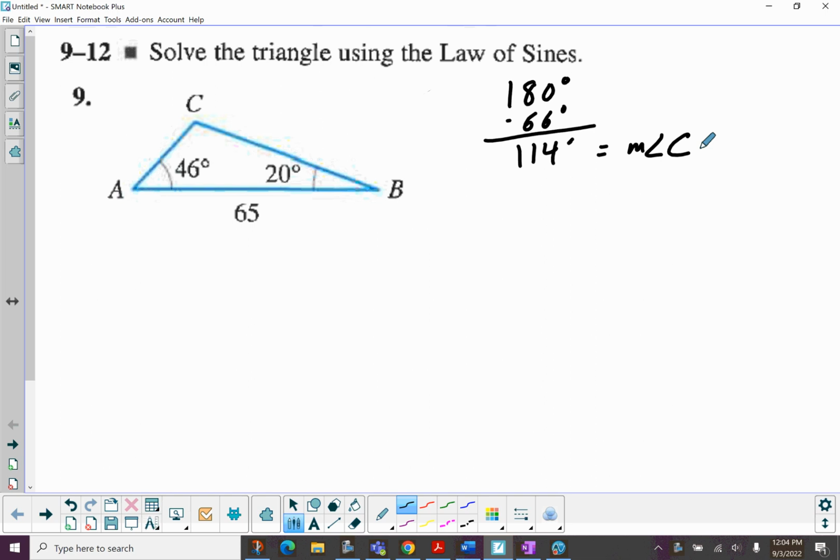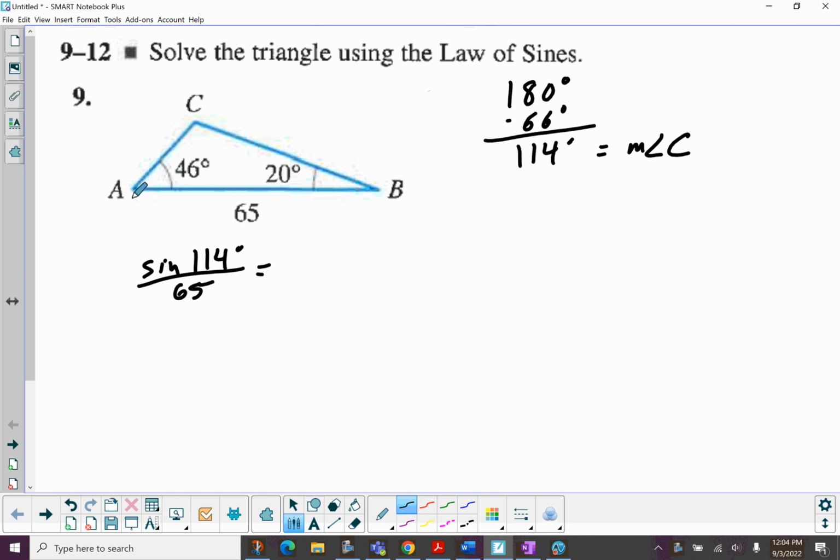length. So now I can set up proportions here and say that the sine of 114 degrees divided by 65 is going to be one side of the proportions I need to solve for the other missing segments.